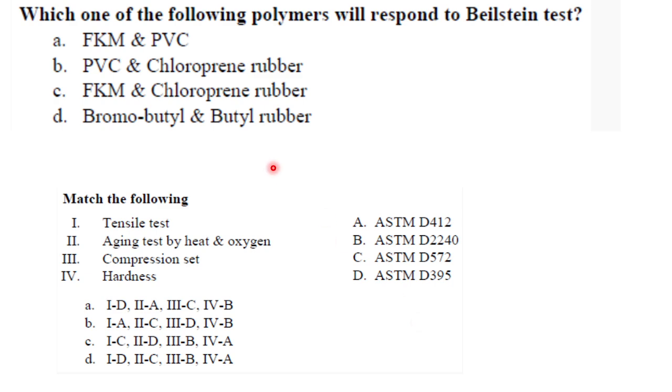But here all are halogenated compounds. FKM is a fluorocarbon monomer, bromobutyl. Okay, you are saying bromobutyl. That means option D.